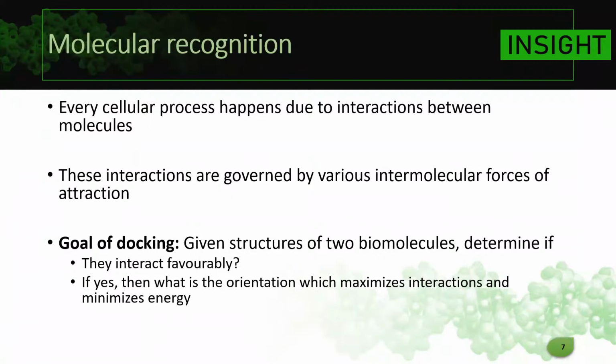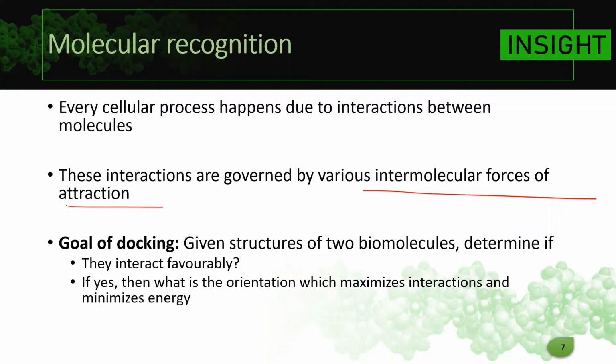So all these interactions that happen at the molecular level are governed by a variety of intermolecular forces, especially of attraction. Only when two molecules come close to each other and have forces of attraction with each other, will they come closer and stay with each other, and that will give them the time and space required to undergo a chemical reaction or a chemical transformation.